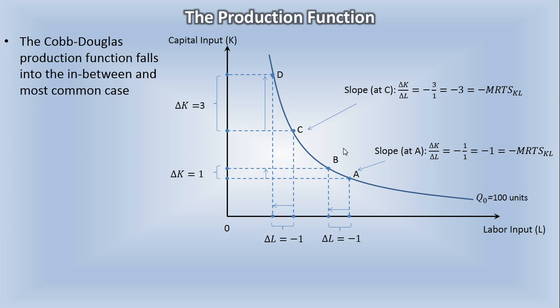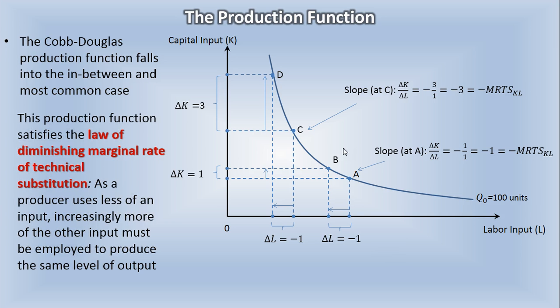So folks over here, the more and more people you hire, the less they're worth in terms of that trade-off to capital, meaning as you hire more people, you get rid of less and less capital in order to maintain the same level of output. The marginal rate of technical substitution is diminishing from left to right along the isoquant that is representative of the Cobb-Douglas production function.